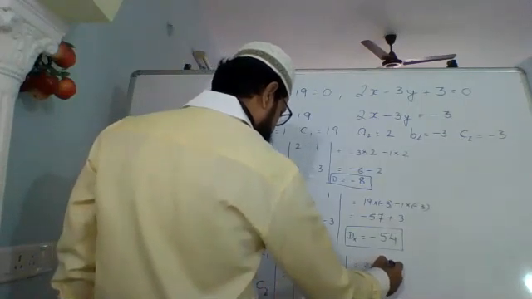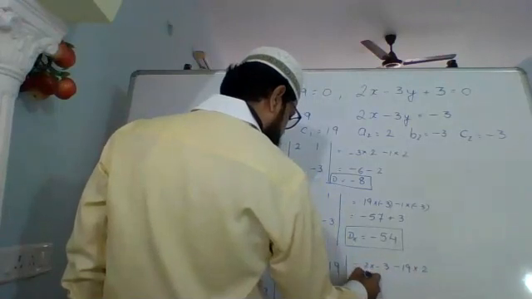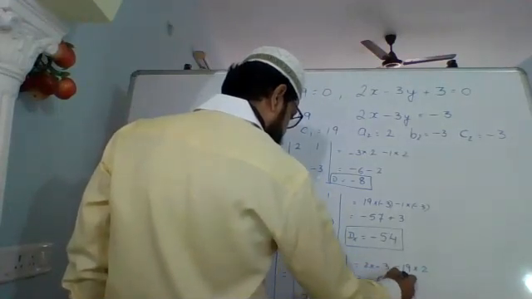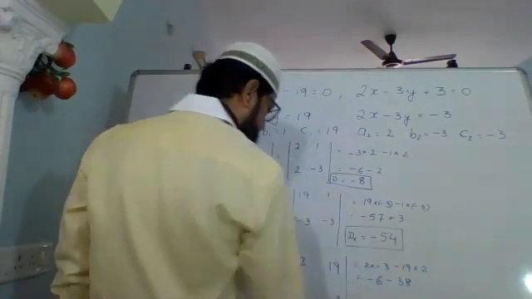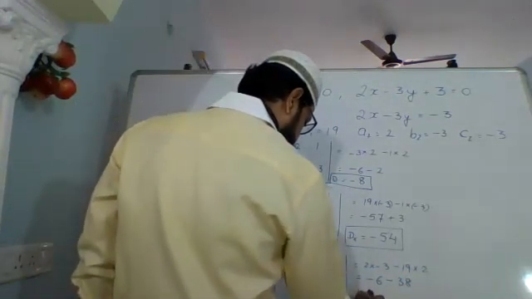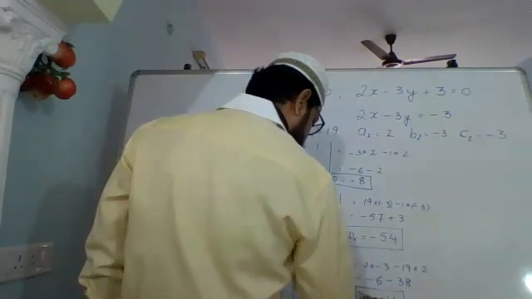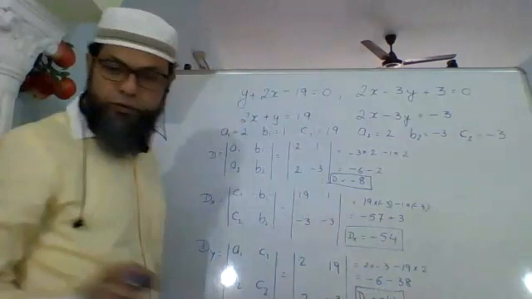So 2 into minus 3 minus 19 into 2. 2 into minus 3 is minus 6 and this is minus 38. Dy equals minus 44.